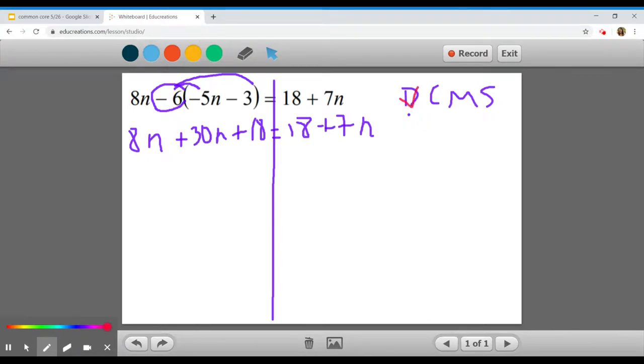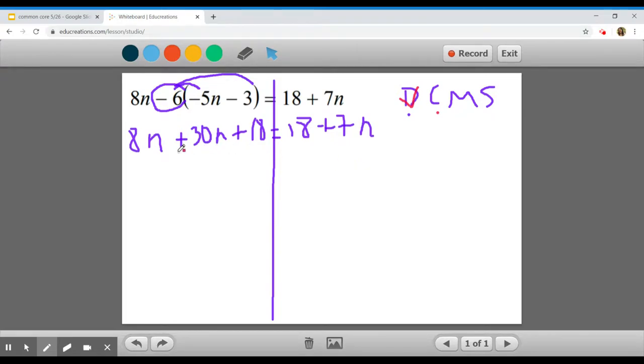Give that a check. And I'm going to move on to see if there's anywhere I can combine like terms. One thing I see some people do is say, all right, 18 and 18, let's add them up, 36. Nothing crosses this line without an inverse operation. So when I'm looking to combine like terms, I'm looking just on the left and then just on the right.